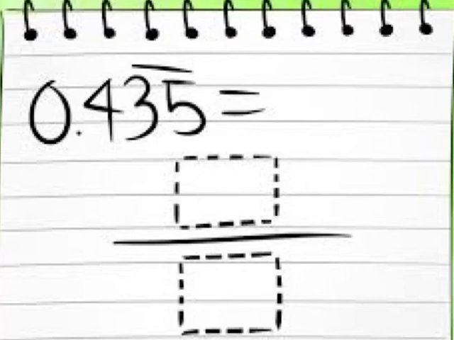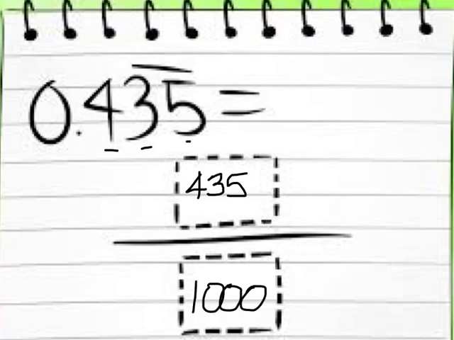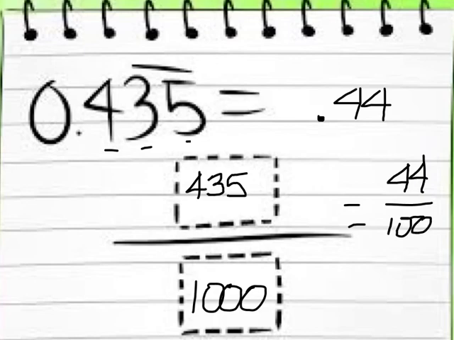But for right now, we're just going to say, we could either write it as 435 over 1,000, or we could round it to 0.44 and say that it is 44 hundredths, and then we could reduce that. Obviously 4 would go into both of those, and that would reduce down to 11/25.